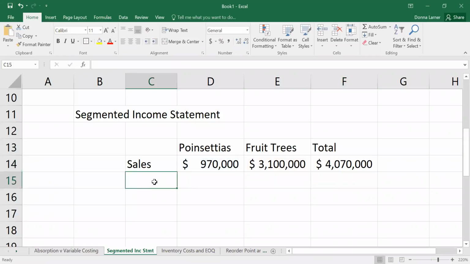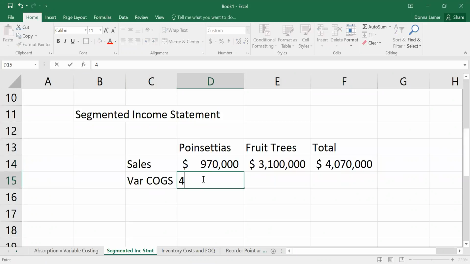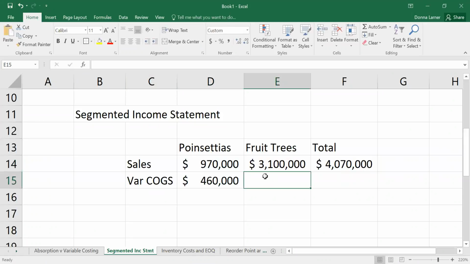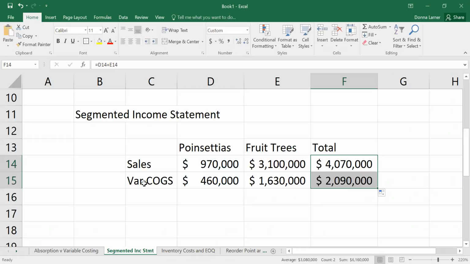Then we need the variable cost of goods sold. Again, given to us in the problem. And we're going to subtract those two to get contribution margin.